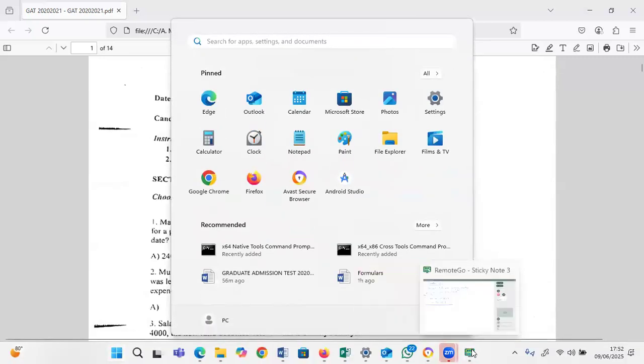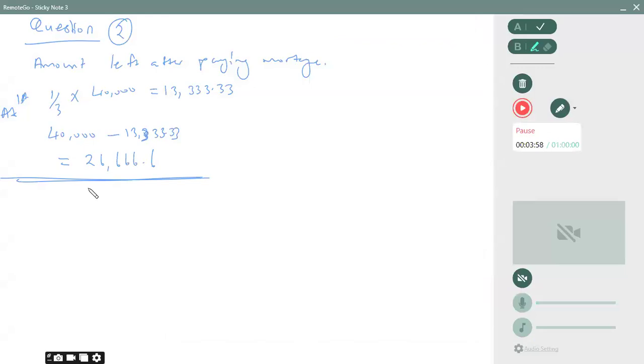Self-explanatory. When you're in this paper, don't rush. Many people keep rushing. I don't know why. You're not supposed to rush, but to go slowly. Now, you say amount spent on a car. It will be now 3 out of 5 times what was left after spending on paying mortgage.